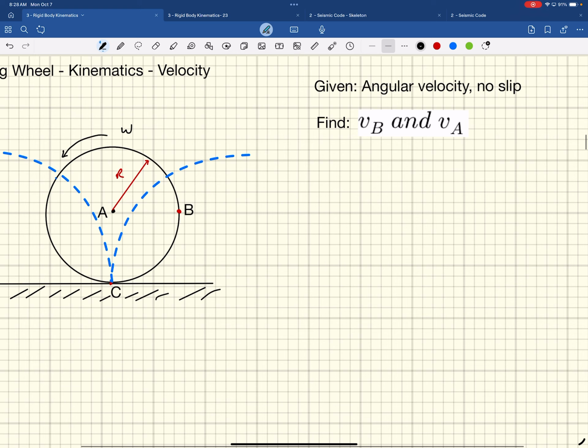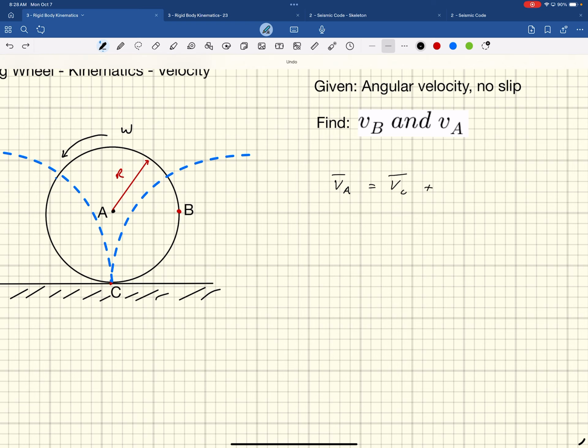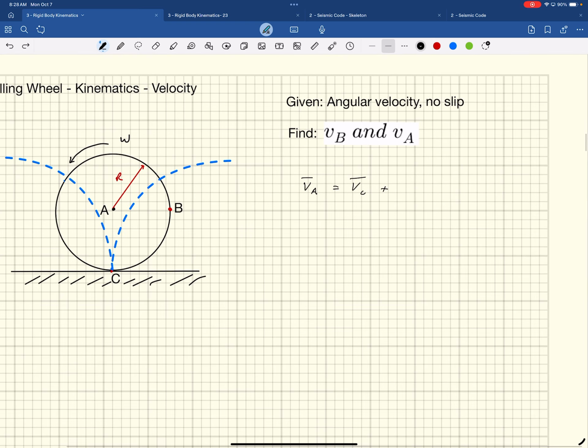So VA, velocity of A, is equal to the velocity of C plus omega, only one omega, crossed with RA as seen from C. And again, I know that velocity C is 0, because of just the rolling wheel kinematics.